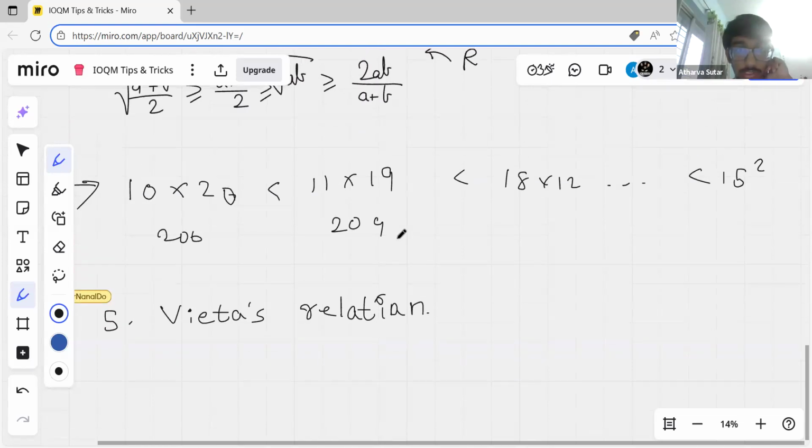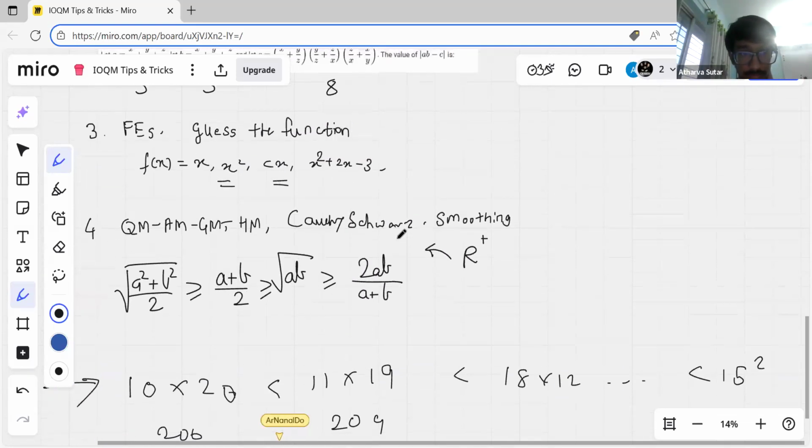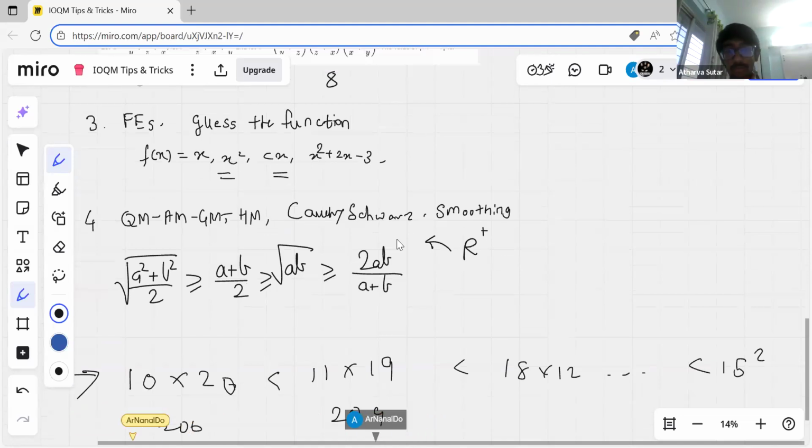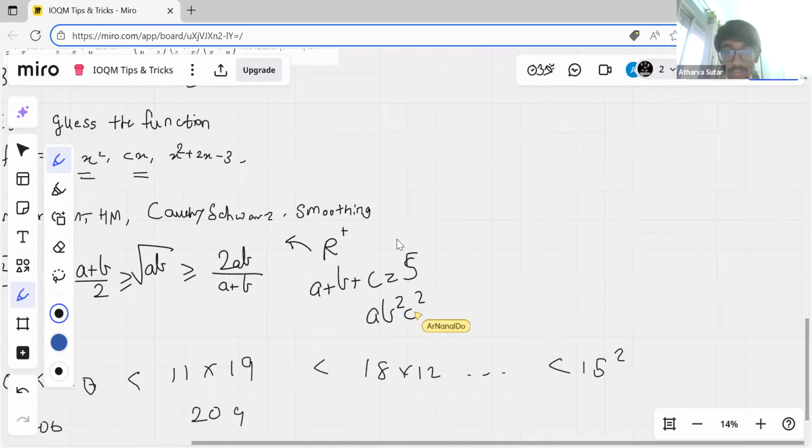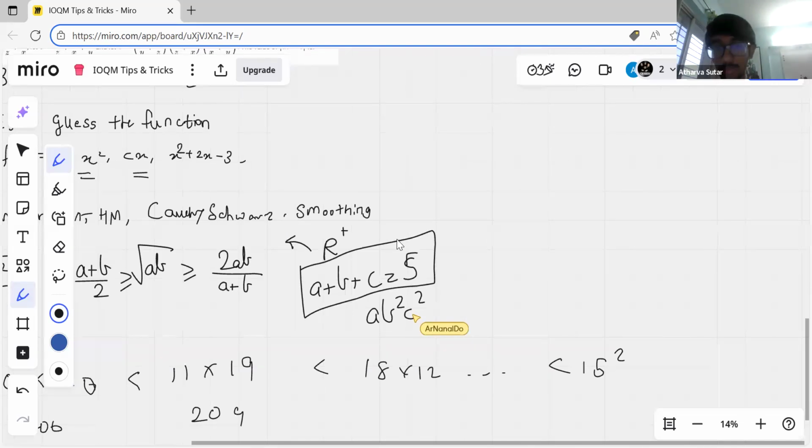For inequalities, I forgot to mention one thing. If you have a question like a plus b plus c is equal to 5, and they're asking you to find the maximum value of, say, a b square c square. In this kind of case, this is going to be AM-GM, right?